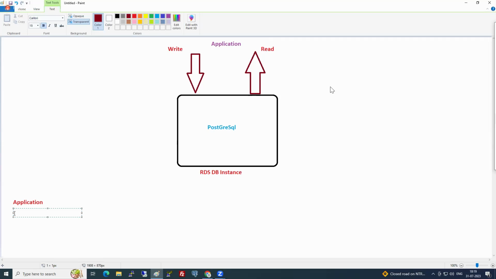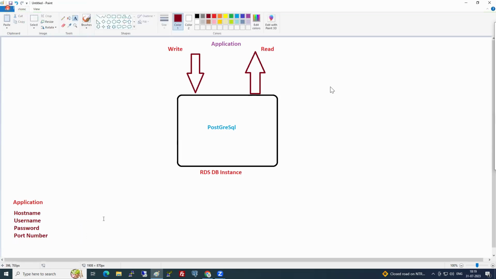We need the username and password of the database. And also we need to know the host name, to where you need to connect, which database. So we need host name, username, password, and port number also. Yes or no? So we need all these things.